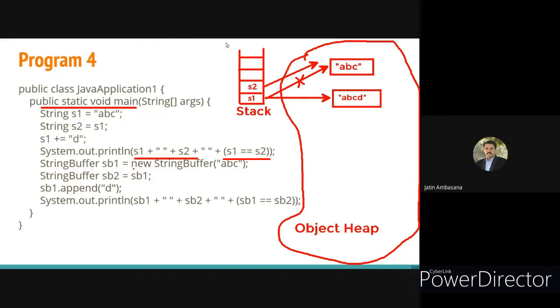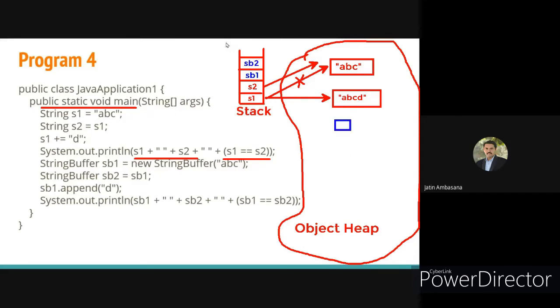Then what you do is make a StringBuffer object, ABC. So now on this stack, let me make it a blue color. This is SB1 and this is SB2.